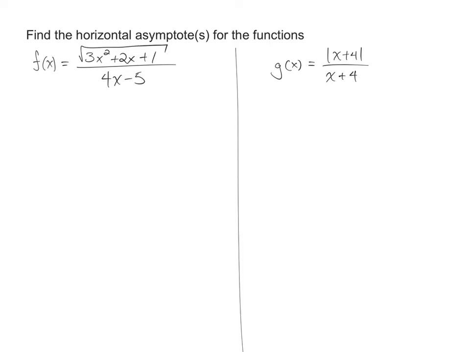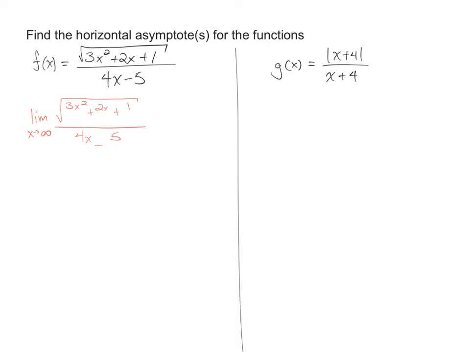So the first time around, you want to find the limit as x approaches positive infinity of the square root of 3x squared plus 2x plus 1 all over 4x minus 5.